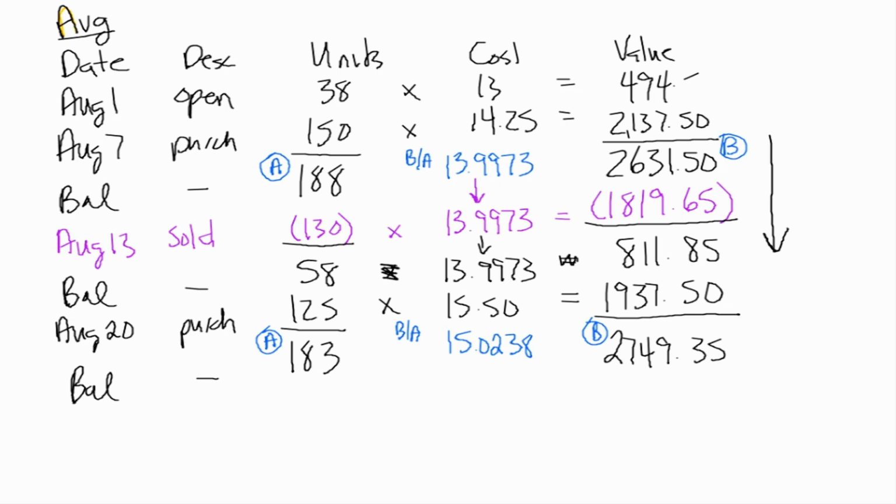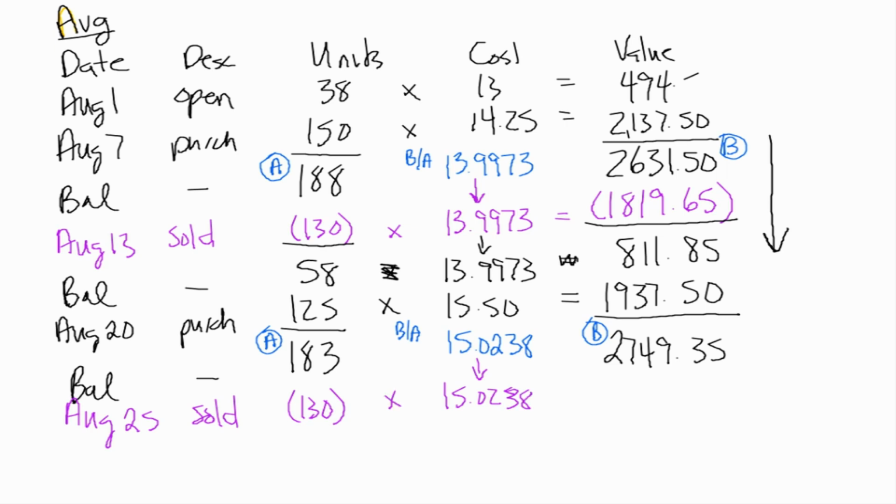So here we go. We're going to do the sale, and that is at August 25th, sold 130 units. And of course, what's going to happen, I'm going to carry this down, 15.0238.